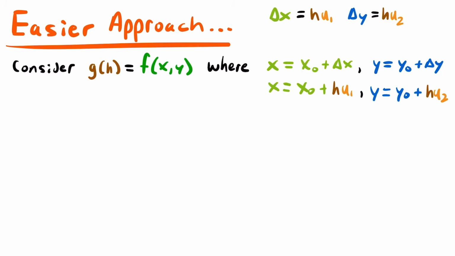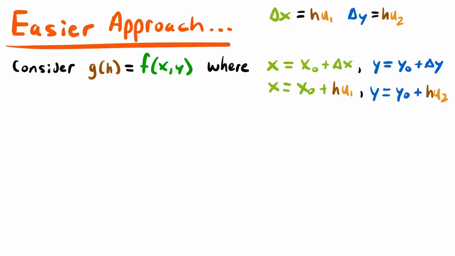Right, g of h is a single variable function, but we're defining it as a multivariable function, f of x y, where x and y are both defined in terms of h. Okay, so this should look very familiar because it's the type of functions that we worked with when we learned the chain rule for multivariable functions, which is actually what we're going to use here to develop a formula that makes finding a directional derivative much easier than if we were to use the limit definition.